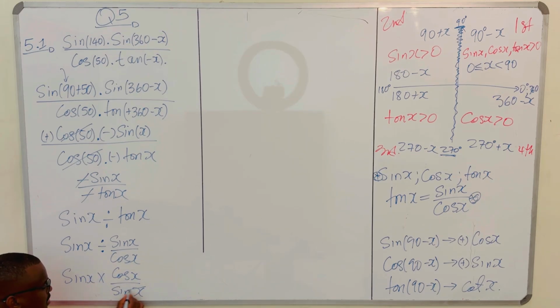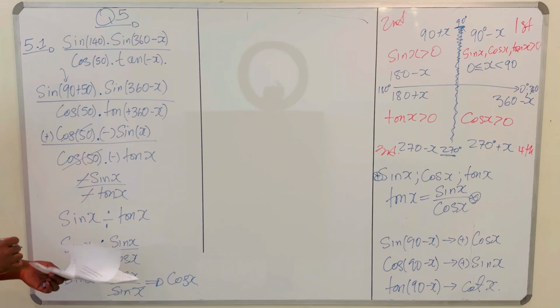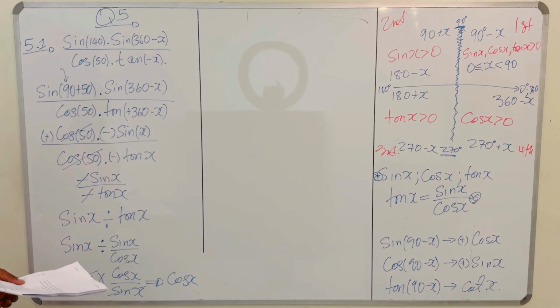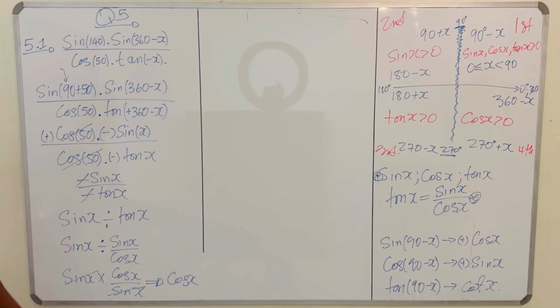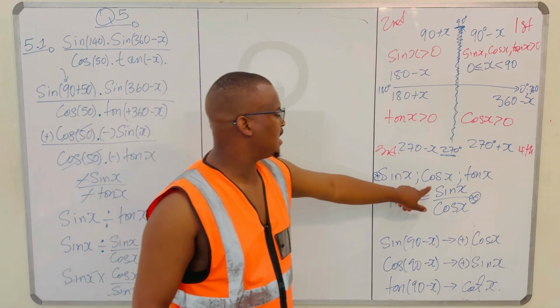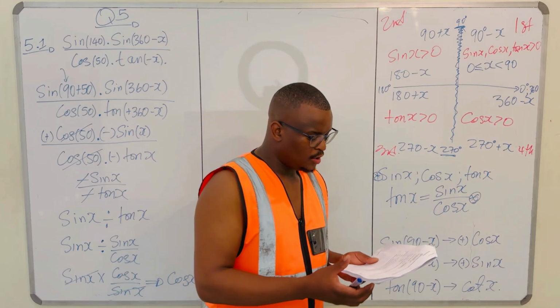So this and that go away. We're only left with cos x. This is it. We're done here. All you needed was to apply those principles that are over there, and you needed to know this identity here: the tangent of x is equal to sine x over cosine of x. No problem. We're done with this one.